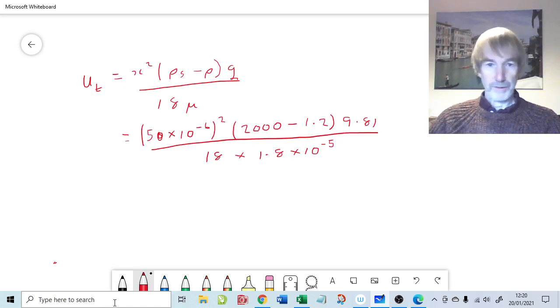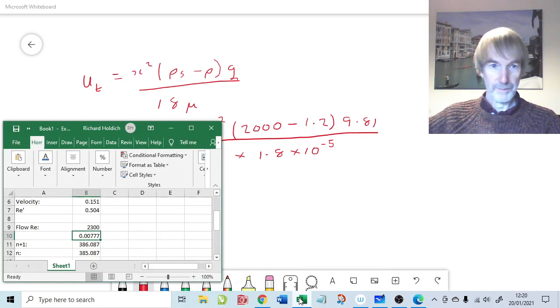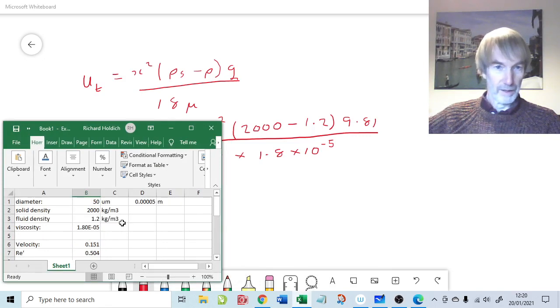There's probably too much there for my little calculator, so rather than use that, I've got it pre-programmed into the spreadsheet.